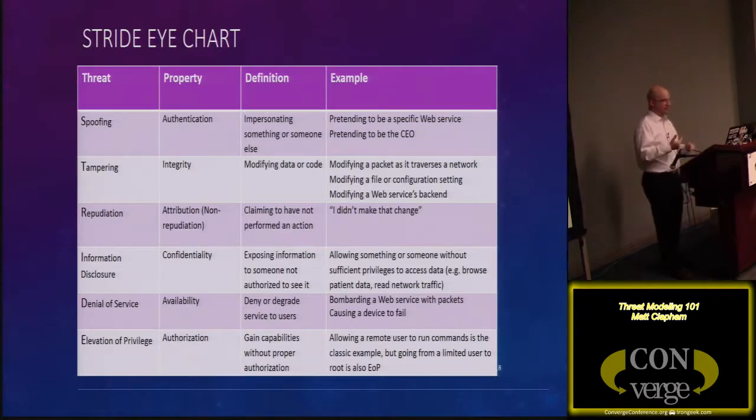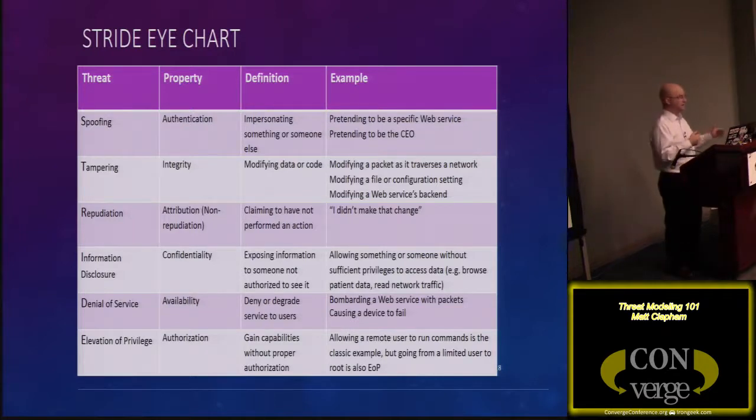Information disclosure might be something like allowing someone without any sort of authentication to be able to see something, or someone who doesn't have sufficient privilege to be able to get that data, or sometimes even subtly things like data that is just exposed as part of the metadata. You didn't intend to tell somebody about something, but that Word document has some piece of data in it about who the author is that exposes something.